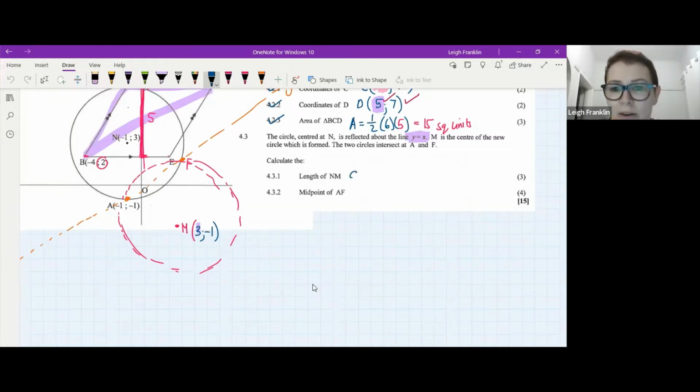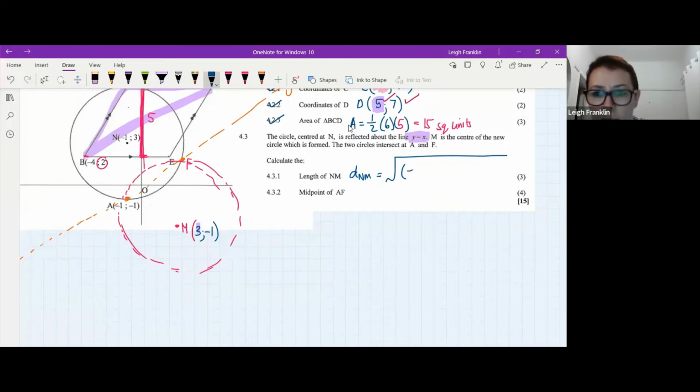Good, well done. So the distance of NM, now that we know the coordinates at M, is easy for us. We're going to sub in. So our change in x is going to be -1 minus 3 squared, and our change in y is going to be 3 plus 1 squared, if I'm not mistaken, and that should give us root 32, if I'm correct.